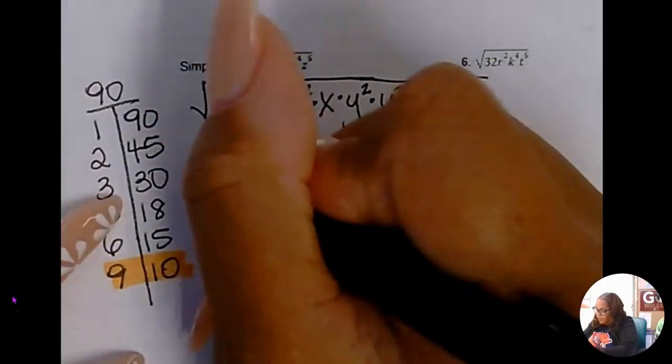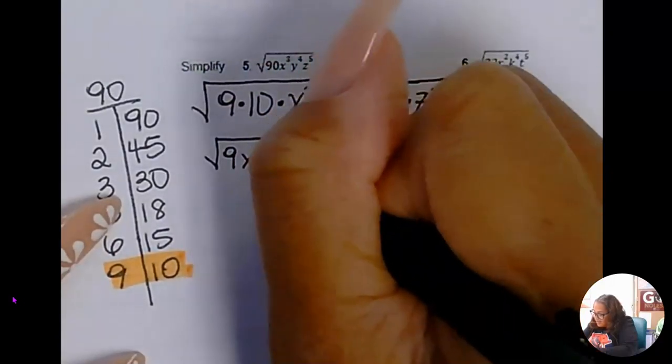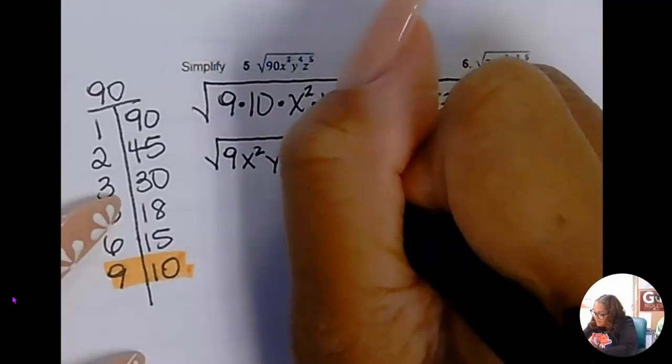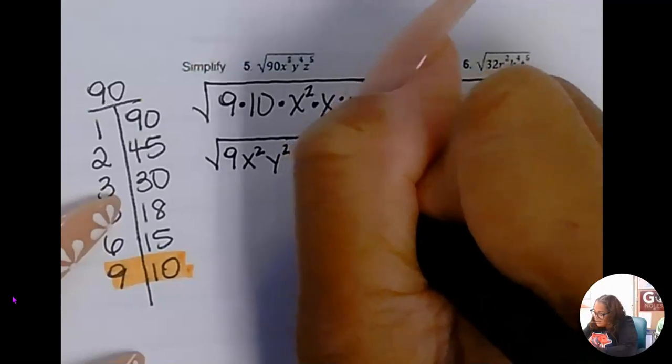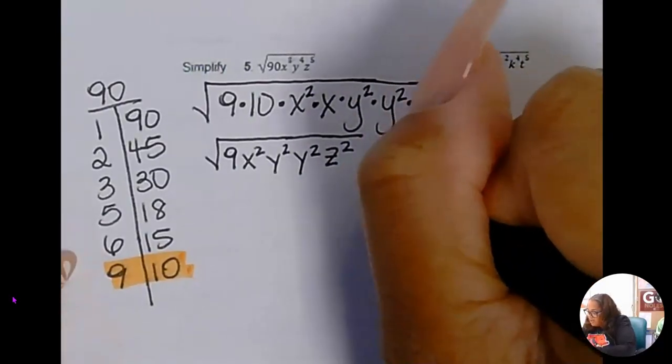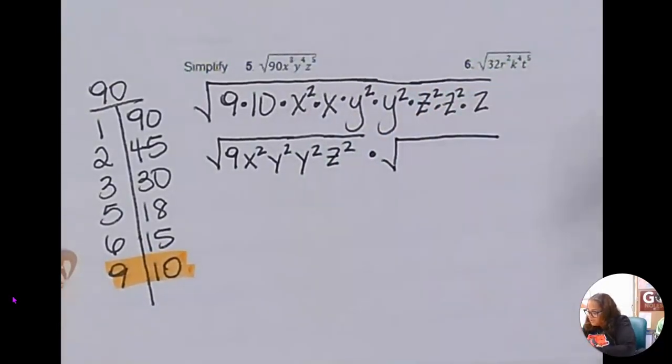Okay, my perfect squares are the square root of 9, x squared, y squared, y squared again, and z squared. The non-perfect squares stay under the radical. So let's make another radical for the non-perfect squares.